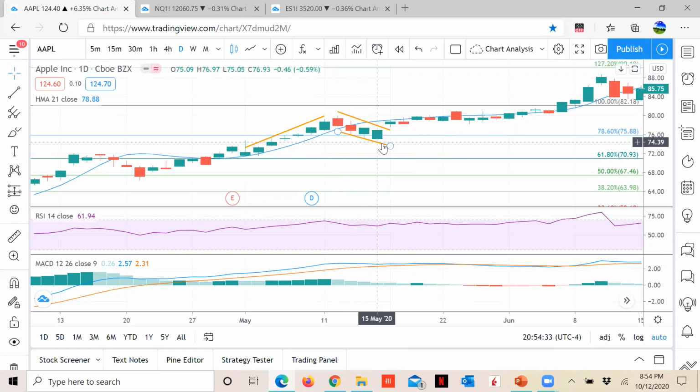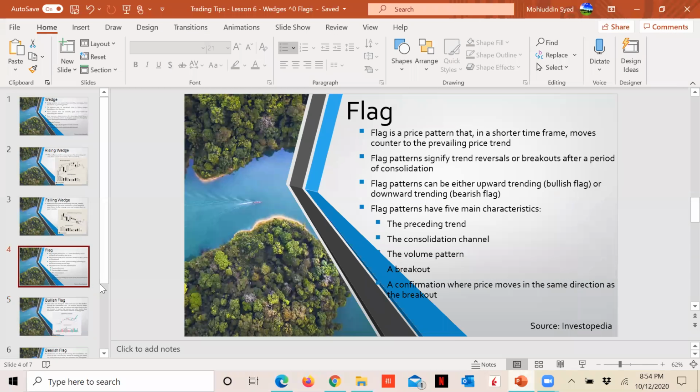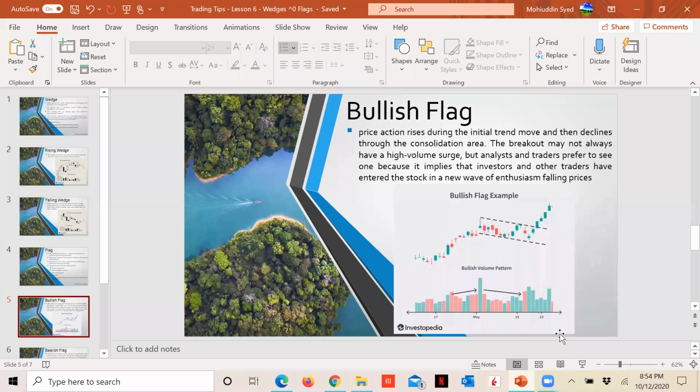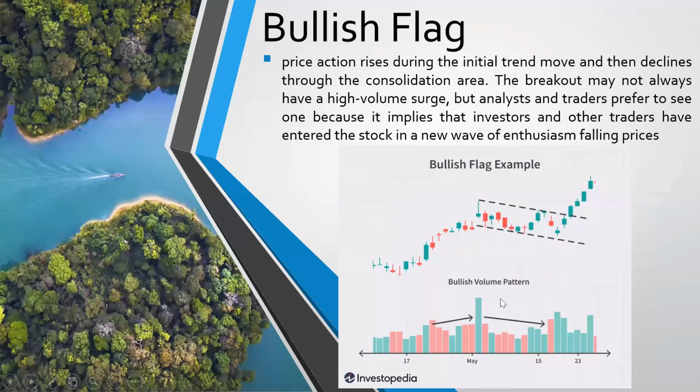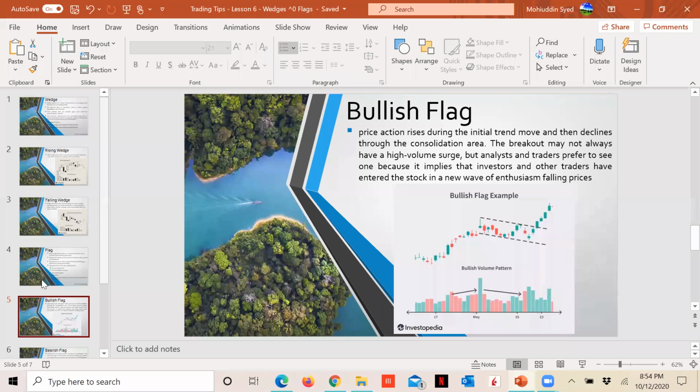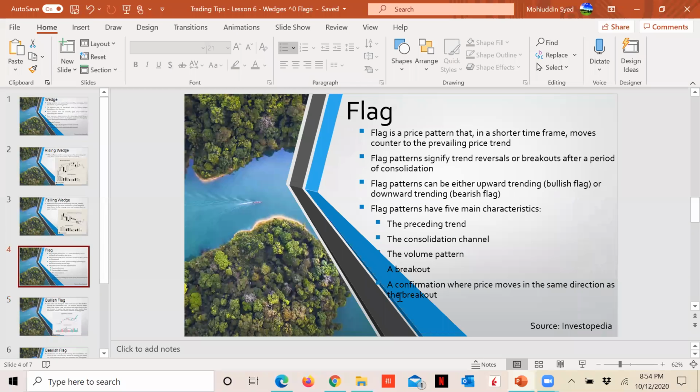A volume pattern, as we saw in the bullish flag. And a breakout of the consolidation channel, and confirmation of the price move in the same direction as the breakout.